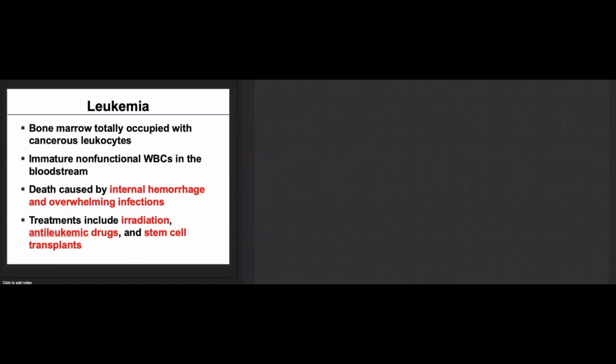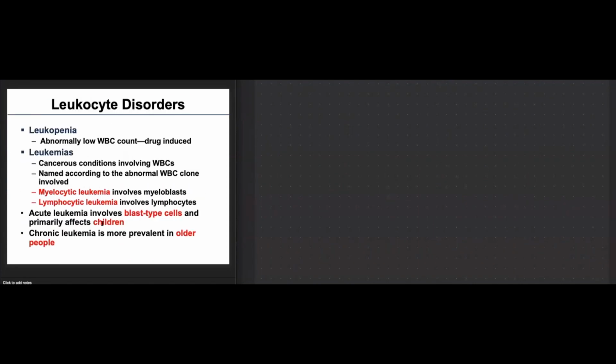All right, so we will classify leukemias according to where I got those cancer cells from. Are those coming from the myeloid stem cell, or are they coming from the lymphoid stem cell? So if the cell of origin is the myeloid stem cell, we're going to classify the leukemia as myelocytic leukemia. If it's coming from the lymphoid stem cells, it's going to be a lymphocytic leukemia.